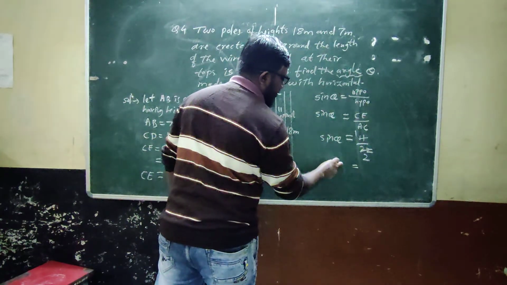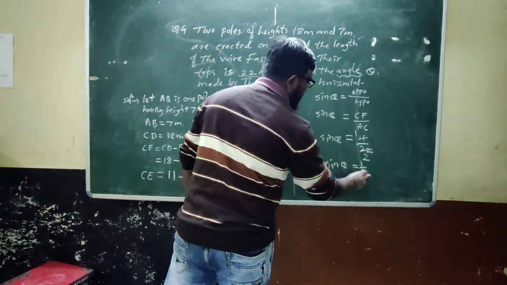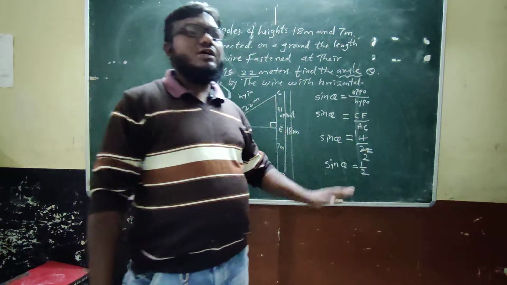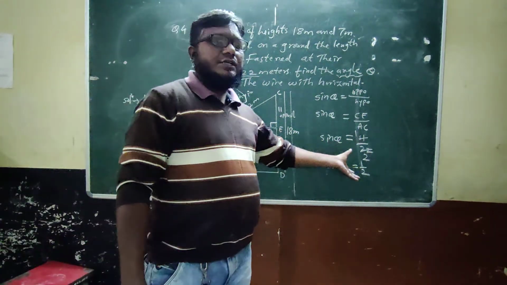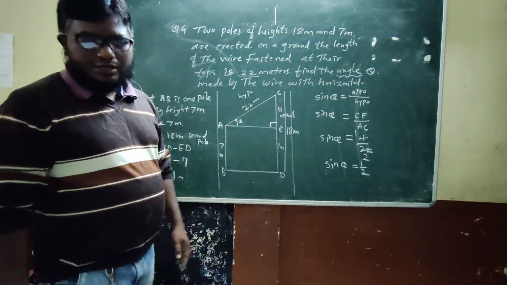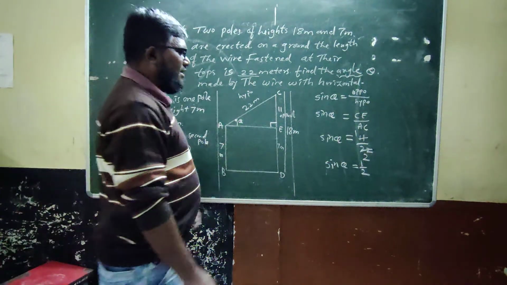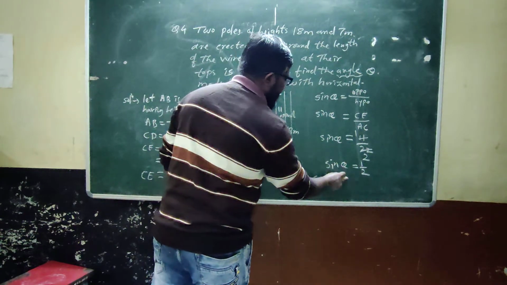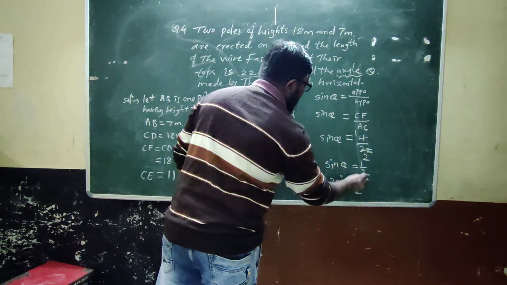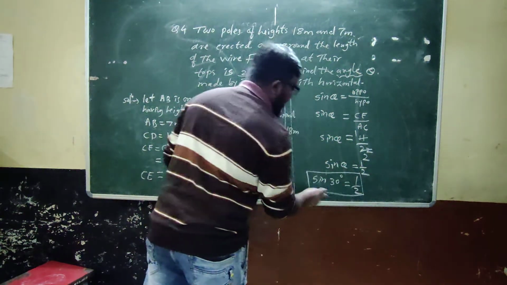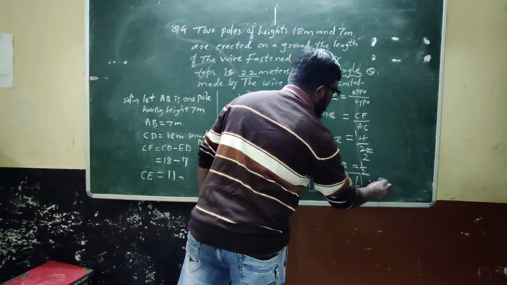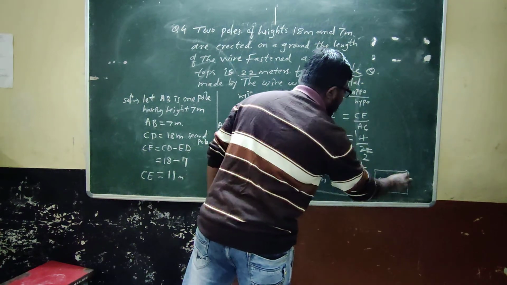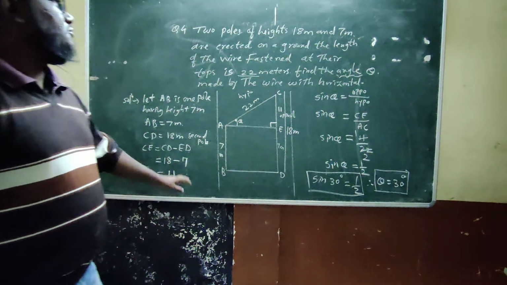So sine theta is 1 upon 2. Which angle has sine theta 1 upon 2? We find it from the trigonometric ratio table. In the table, sin 30 is 1 upon 2. Therefore theta is 30 degrees. This is the answer for this question.